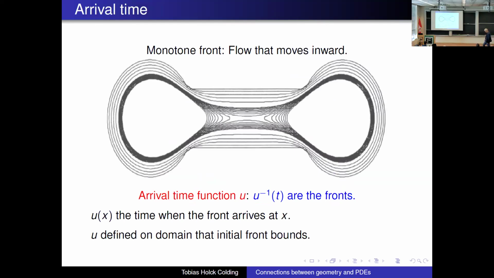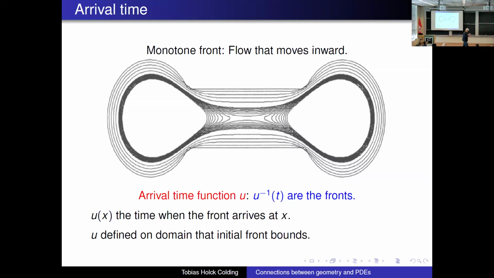Okay, so now I'm going to specialize to what's called monotone flows. This was in the case of the gradient dumbbell, and also in the marriage ring.